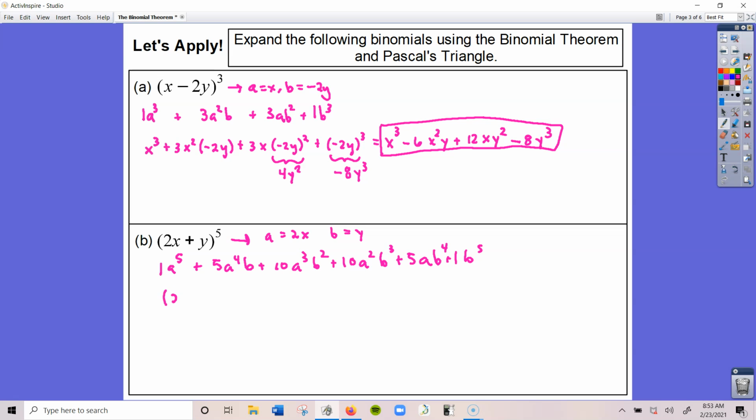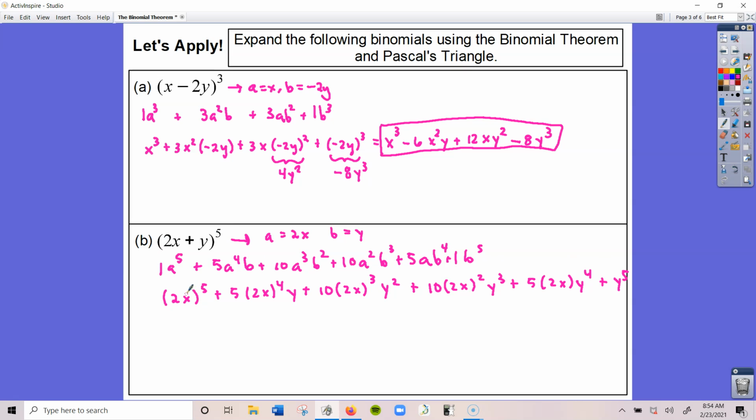So this is 2x raised to the 5th plus 5 times 2x raised to the 4th, b, which is y, plus 10, 2x raised to the 3rd, b squared, so y squared, plus 10, 2x squared times y to the 3rd, plus 5 times 2x y to the 4th, plus y to the 5th.